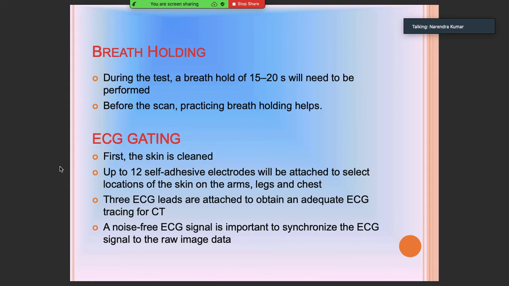Sometimes we have to ask and also practice with the patient: is the patient strong enough to be able to hold the breath for at least 15 to 20 seconds? And for a good ECG gating, it is very important to have good contact of the pad or ECG sticker with the skin. That is why the skin has to be cleaned and good gel should be there.